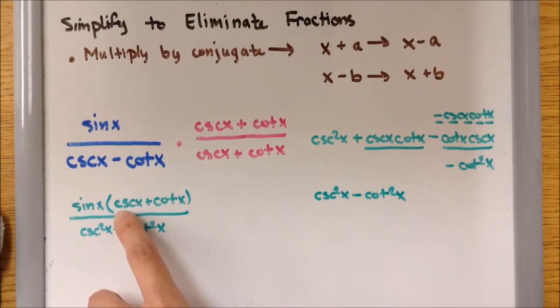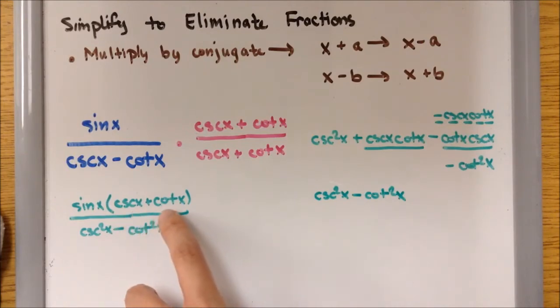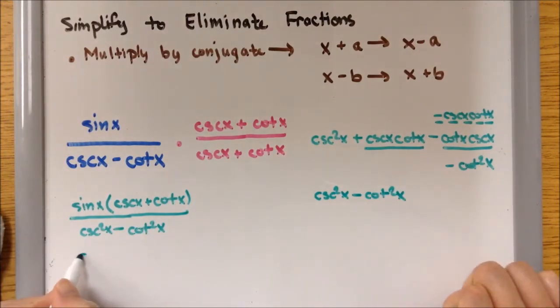With cosecant x and cotangent x, I'm going to convert them into terms of sine and cosine, meaning convert using the reciprocal and the quotient identity. I'm going to write it here below. So sine x.